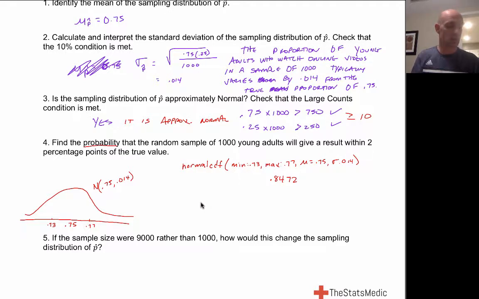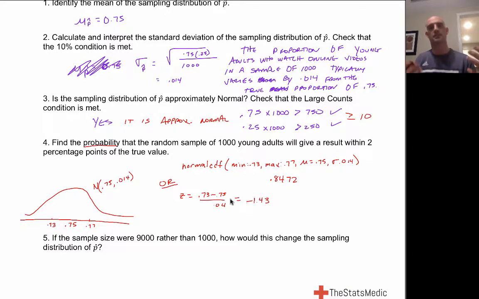Okay, so we could also calculate it based on z-scores. I'm going to put a big OR right here. If we calculate our z-scores, we could do 0.73 minus 0.75, over 0.014, to get a z-score of negative 1.43.